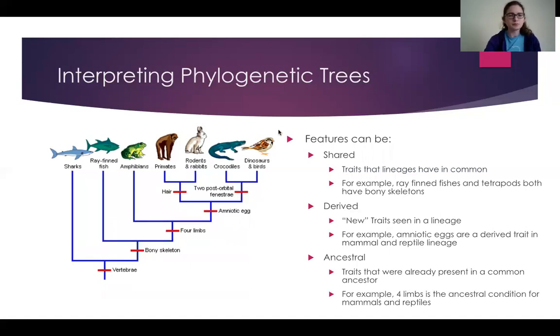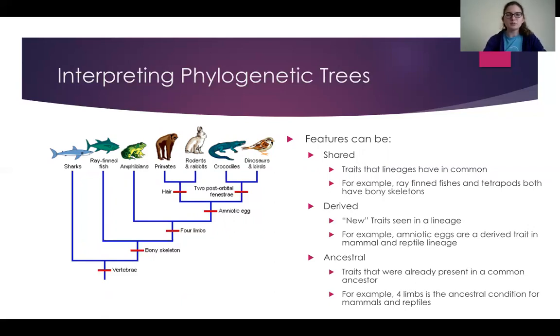For example, if we look back at our mammalian and our reptilian lineages, being tetrapods is an ancestral state because the amphibians out here already had 4 limbs. And it's also important to note that a trait could be shared and derived, or it could be shared and ancestral. It cannot be derived and ancestral though, so that is important to know.